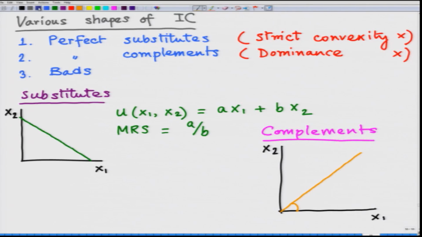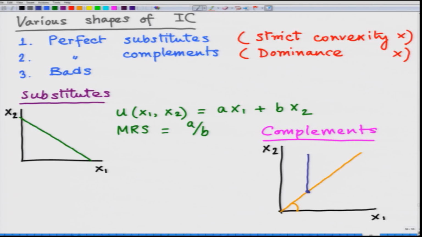So, in that case all these points along this straight line will give us the consumption bundles, right. So, if now the consumer is given some more units of x2 given the unit of x1, these extra units of x2 do not have any utility or satisfaction to the consumer, because he has extra units of x2 compared to the units of x1.